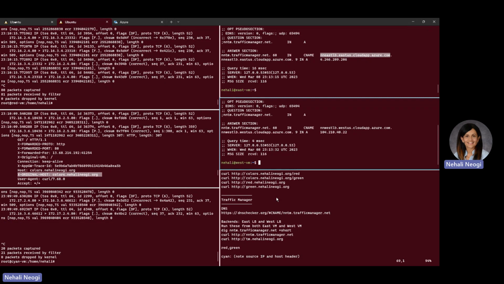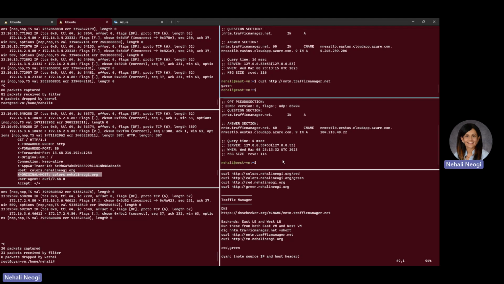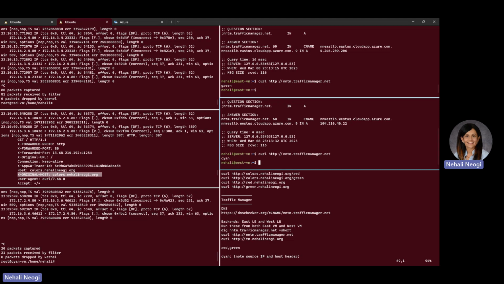Okay, so now let's do a couple other tests. What happens with traffic manager is that if I run a curl from this, I will get the East VM, and if I run it over here, I will get the West VM.